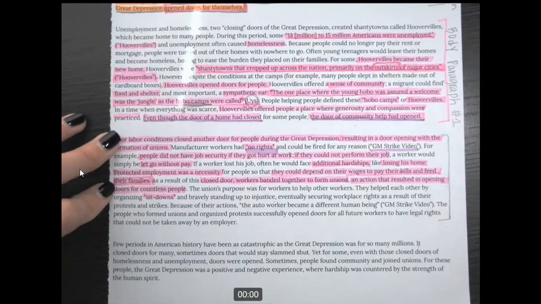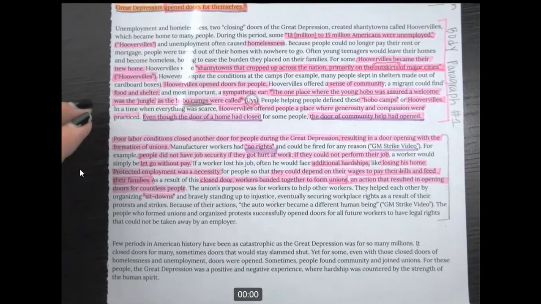of their family. Now, as a result of this closed door, people formed unions, which were, thinking back to Bud and Lefty Lewis when they got stopped by the cop.